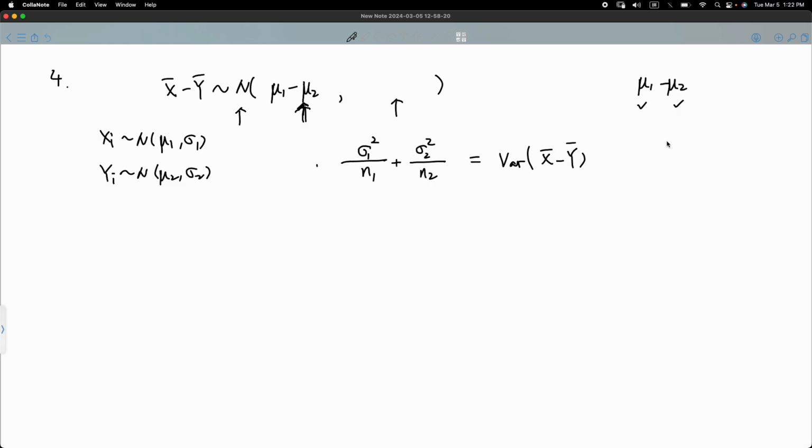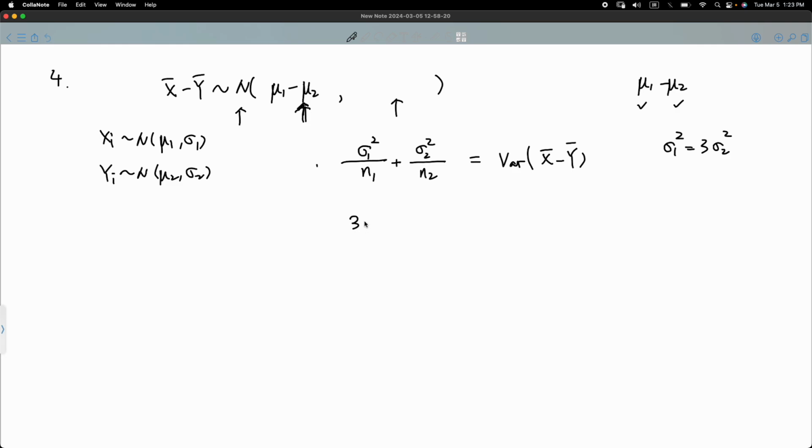Okay, so we also have another piece of information: sigma 1 squared is 3 copies of sigma 2 squared. So let's see what we can rewrite here. Now let's just plug in.